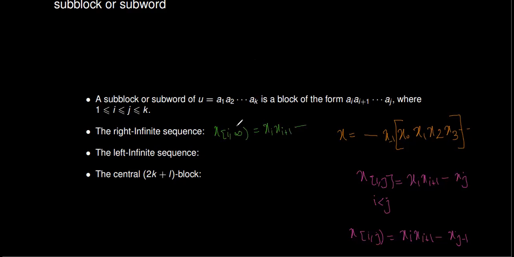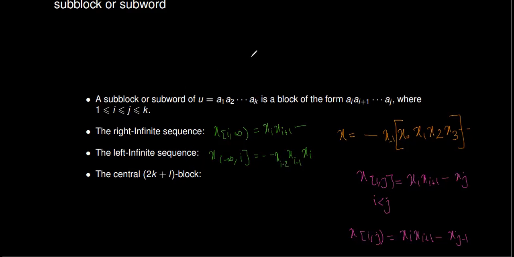It's only basic terminology. We need that in the future. Also, for the left-hand side, minus infinity to i, it would be xi, xi minus 1, xi minus 2, and so on.